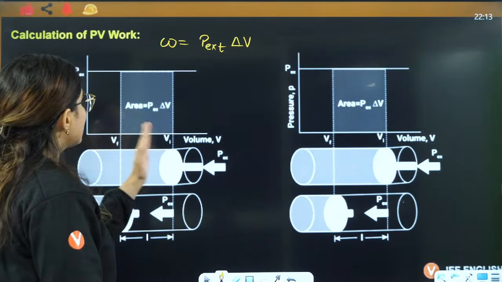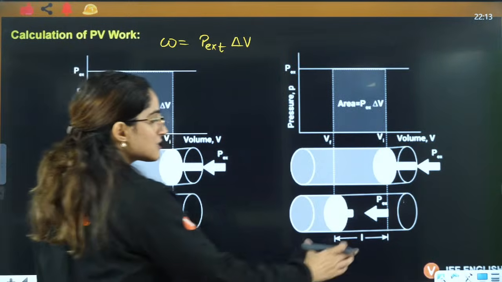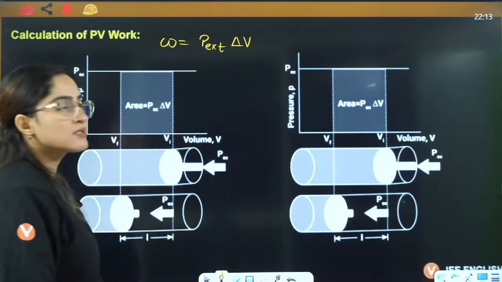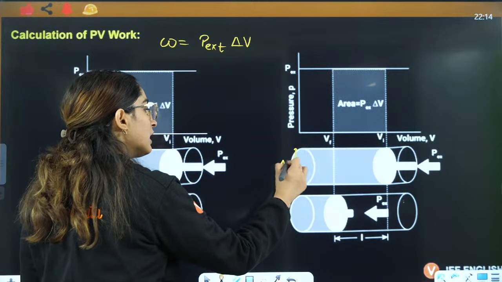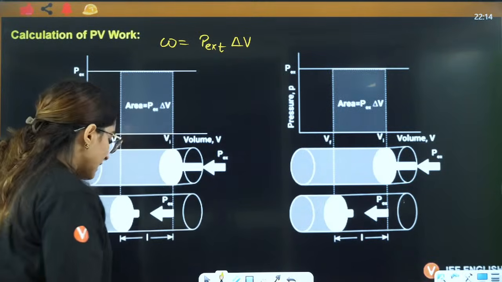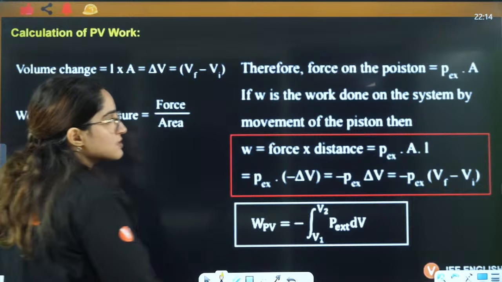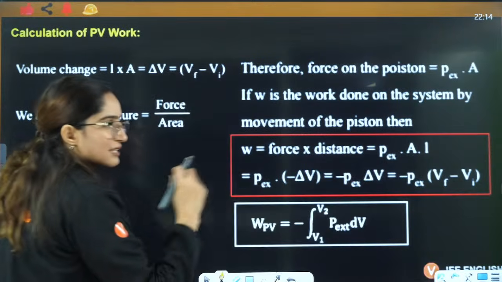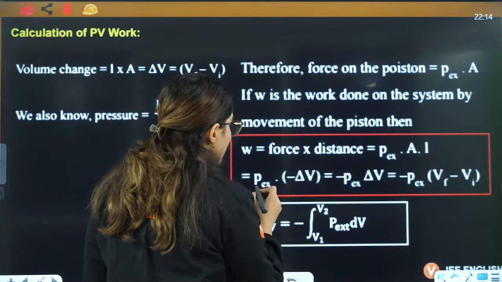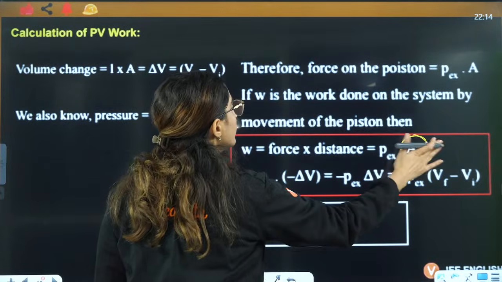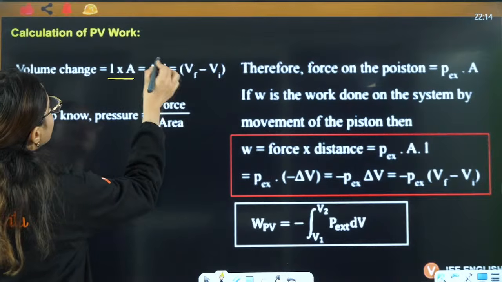Distance is this length that you have, the change that is there, this is the distance, okay? This thing is the area, right? And this is the length here. So distance is the length, how much it has changed. So if I see this area into length, it is nothing but delta V.